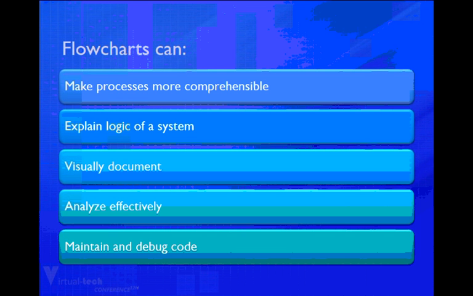It also allows you to analyze stuff. So it lets you analyze where you're going wrong, what you could do better, what you could do to get the cost down, or what you could do to make it benefit you more. Because it's a visual representation and you can clearly see what's happening there. And it also helps you, if you're a coder or a programmer, to maintain and debug your code.